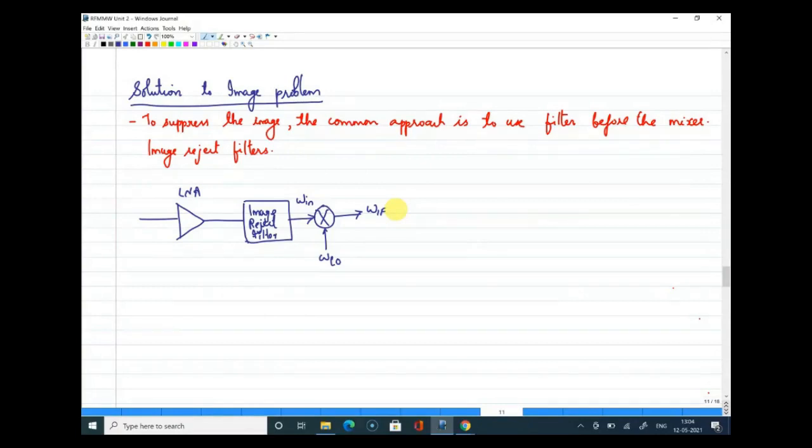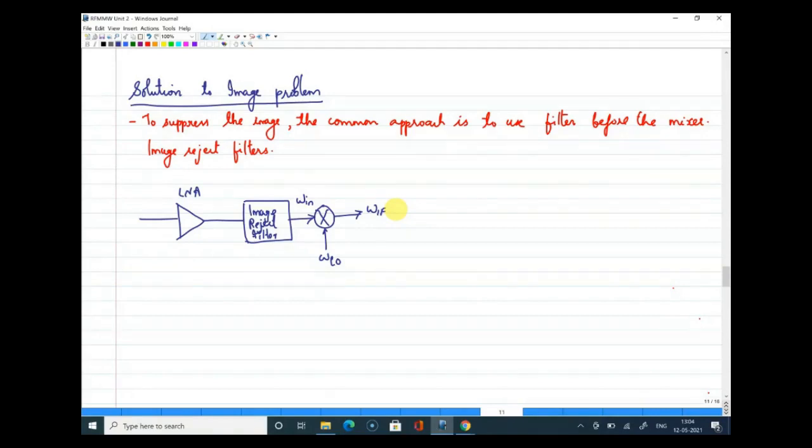Now here comes again the question: how efficiently can we remove these images? This is again boiling down to the same discussion, because we know that if you want to introduce a filter with a sharp cutoff, we should have a high selectivity.